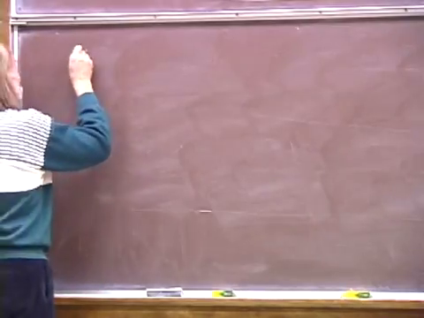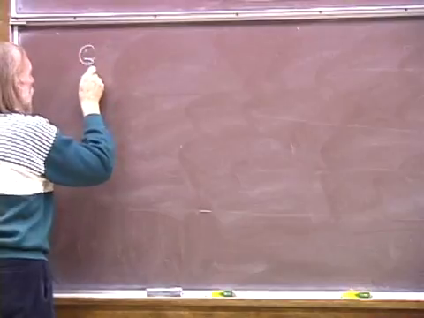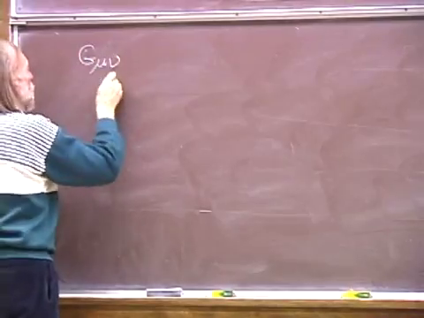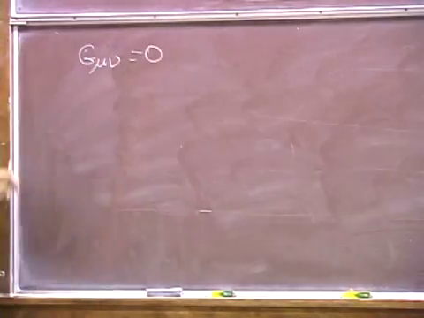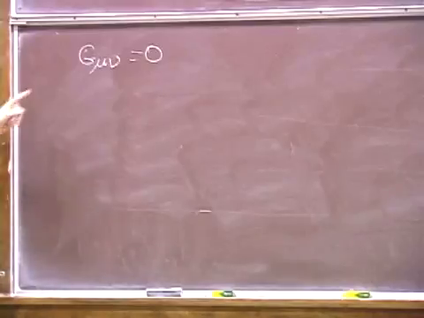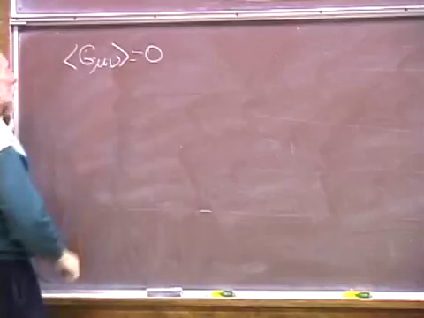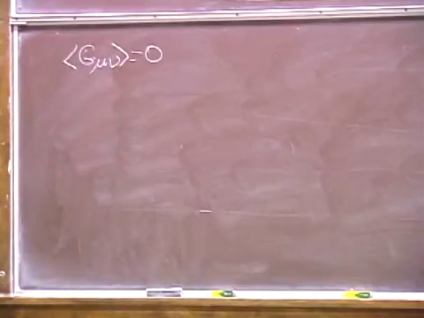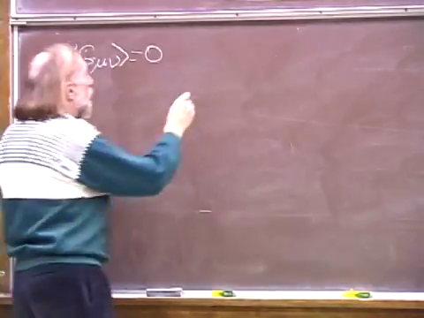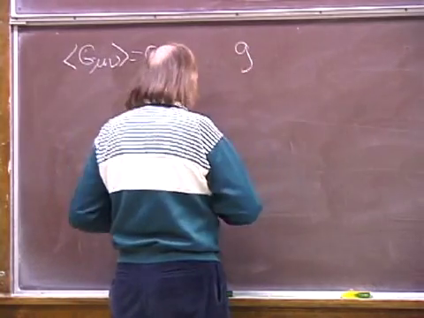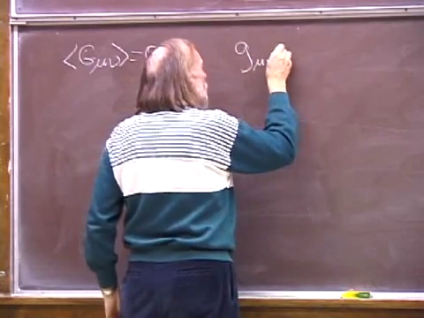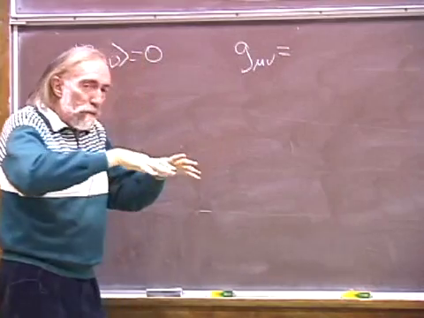And the argument goes like this. You look at the Einstein field equations in vacuum, G mu nu equals 0, and you average them over a wavelength or a few wavelengths. We have also gone in and we have defined the metric in coordinates that are as smooth as possible.